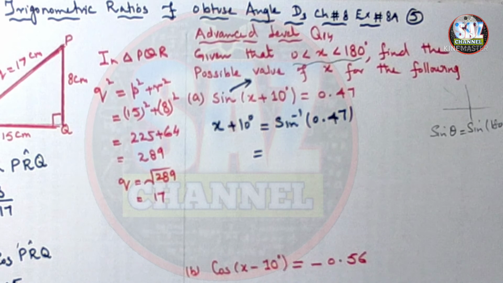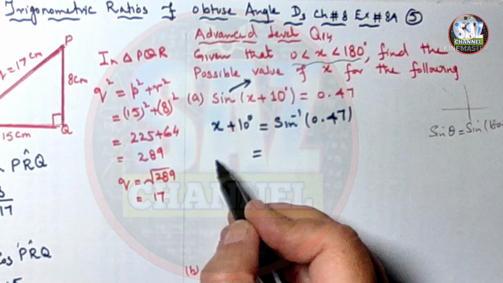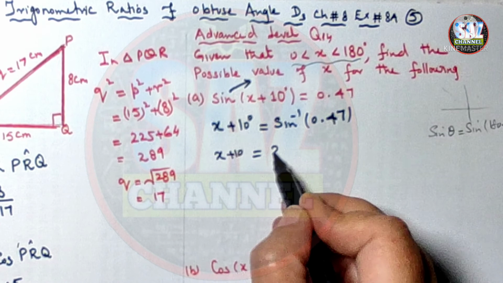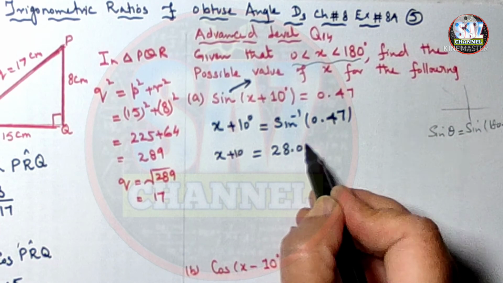And sine inverse of 0.47 gives me 28.03. x plus 10 equals 28.03.